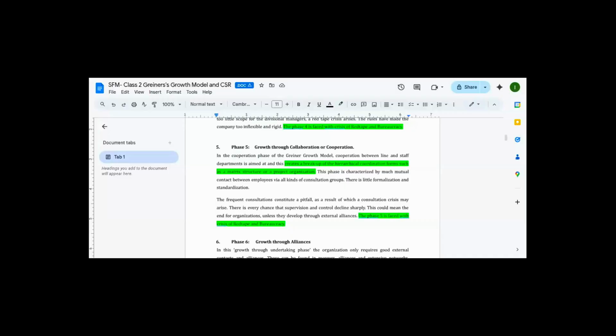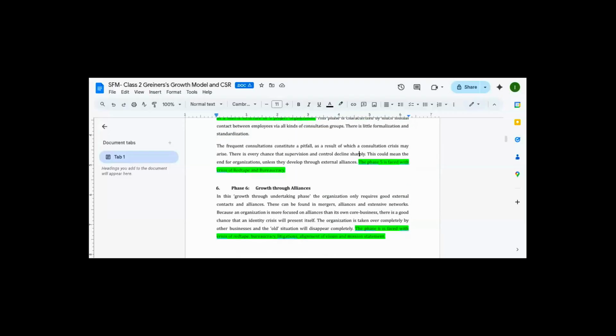So the company now faces another crisis at this phase. This crisis is the crisis of bureaucracy.